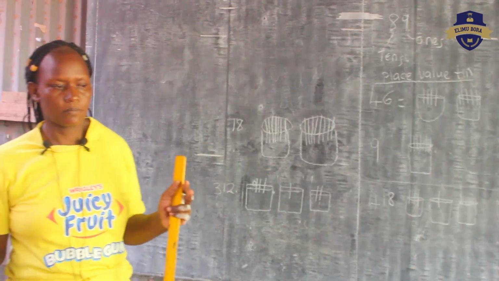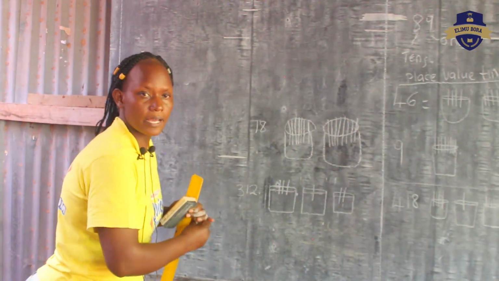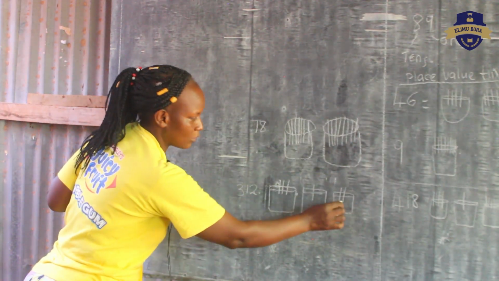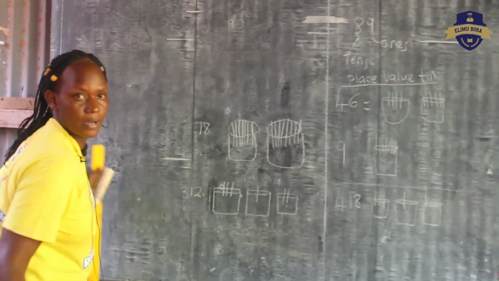Now she's right. This is ones, this is tens, and this is hundreds. So you start from here with 2, you come to 1, and you come to 3.